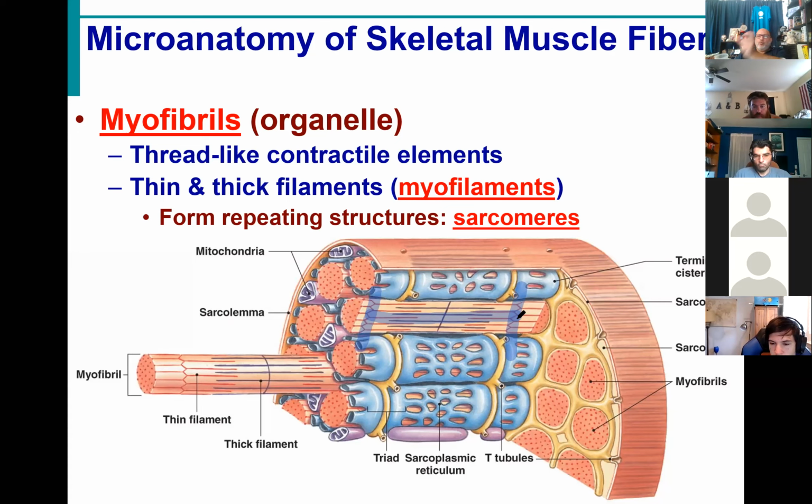And every single one of those boxcars looks identical to the next one. So as you see that train go by, you just see boxcar, boxcar, boxcar as it goes by. Well, that's what a myofibril is. A myofibril is just sarcomere, sarcomere, sarcomere. A bunch of sarcomeres added together in a row to make that myofibril.